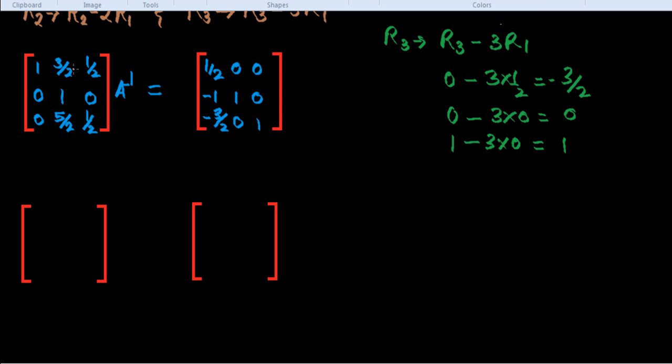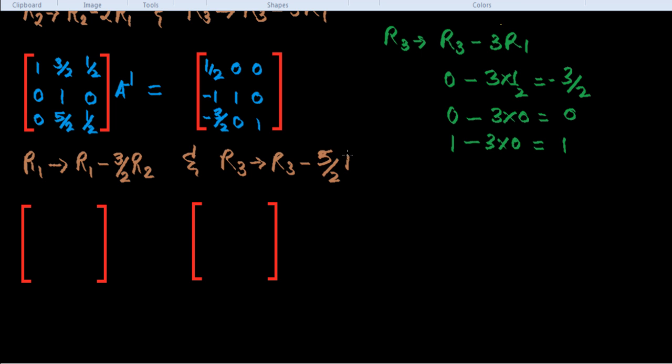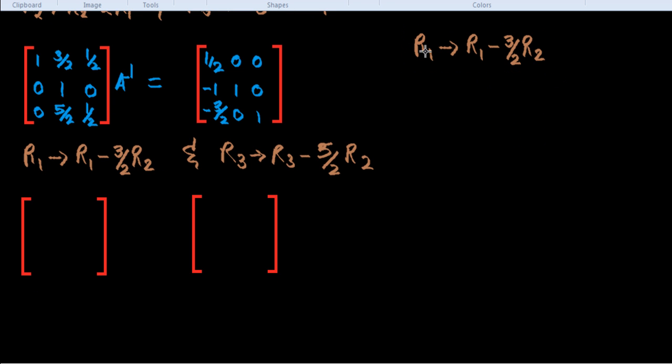So we make R1 tends to R1 minus 3 by 2 R2, and R3 tends to R3 minus 5 by 2 R2. So this process we have to do here.